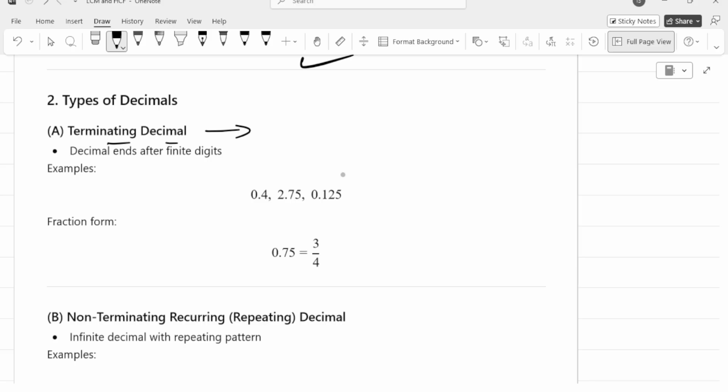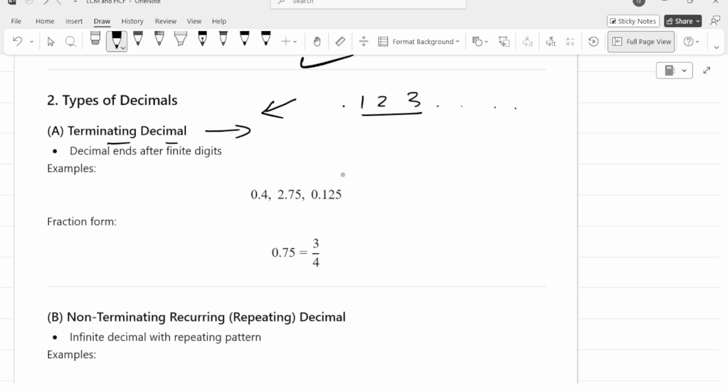I explain in detail terminating, non-terminating, every number system and types of numbers. You must watch it after this video. Terminating means after dividing, the number stops after one digit, two digits, three digits, and does not go on. That we call a terminating decimal.